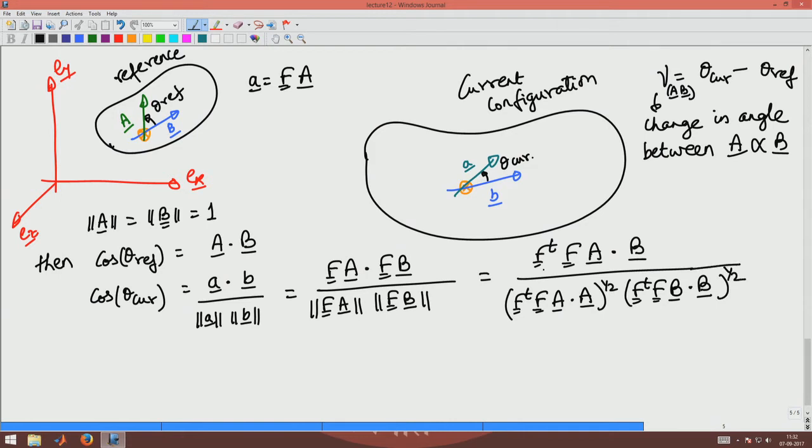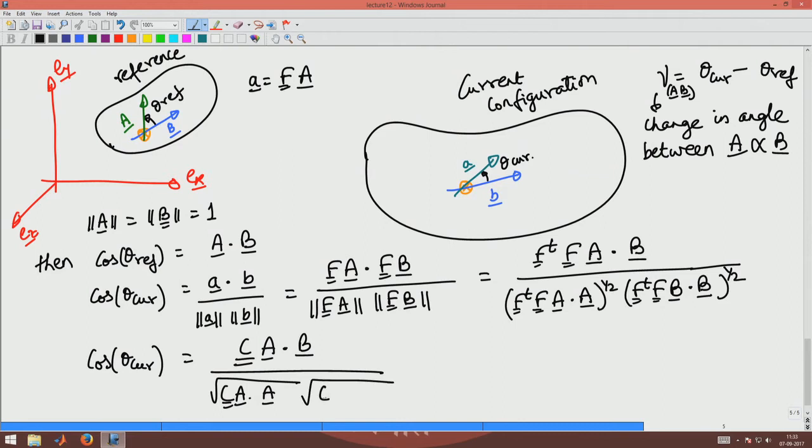What we saw, F transpose F was C. So, cos of theta current would be C times A dotted with B divided by square root of C times A dotted with A times square root of C times B dotted with B. Okay. So, that is the current angle between A and B.